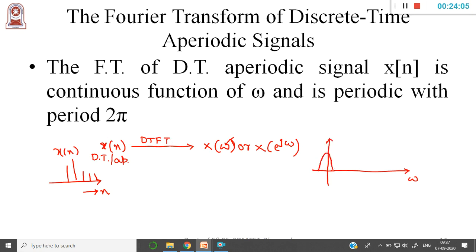This will be continuum frequencies, and that will be periodic with respect to 2 pi. So that is the meaning.